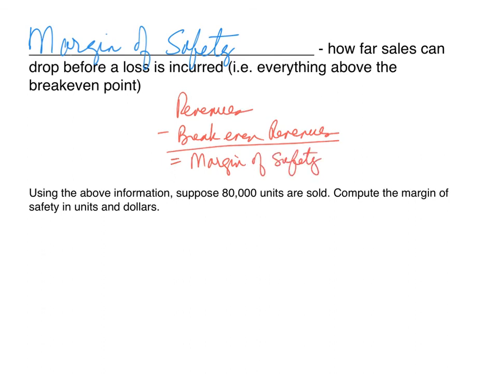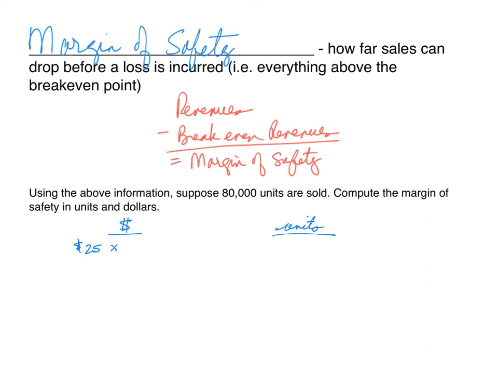So we're going to use the Latin Corporation from the prior slide as an example to calculate margin of safety. So in this case, we're going to suppose that 80,000 units are sold, and we're going to need to compute the margin of safety in both units and in dollars. So let's first calculate the margin of safety in dollars. So for Latin Corporation, we computed a selling price of $25 per unit.